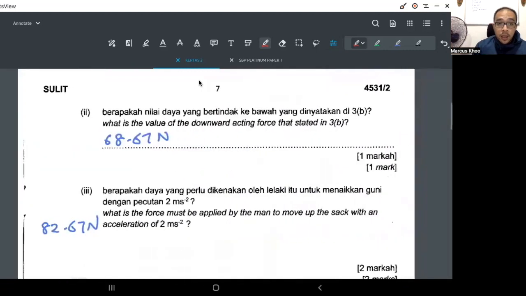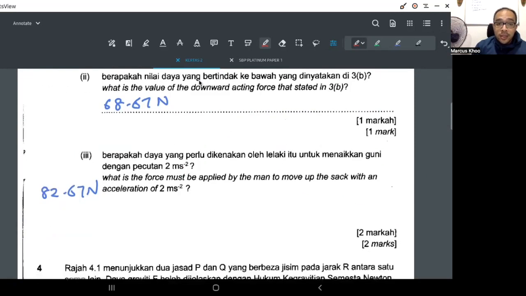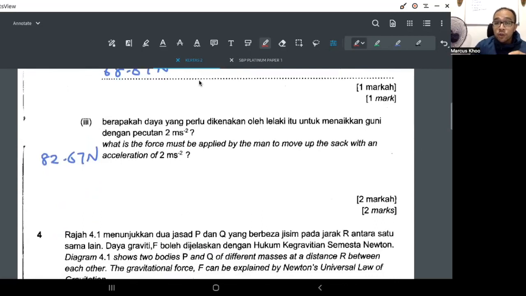Okay. So what is the value of the downward force acting, 3B? I wrote that the answer is 68.67 because I've already explained it earlier. So what is the force that must be applied by the man to move the sack up with an acceleration of 2 meters per second squared? Now there is going to be acceleration, which means it is not equilibrium anymore. So the net force is F minus 68.67, because I want it to accelerate and I don't know what force I must apply.